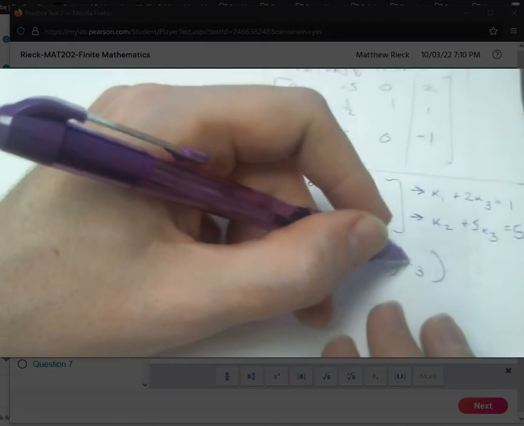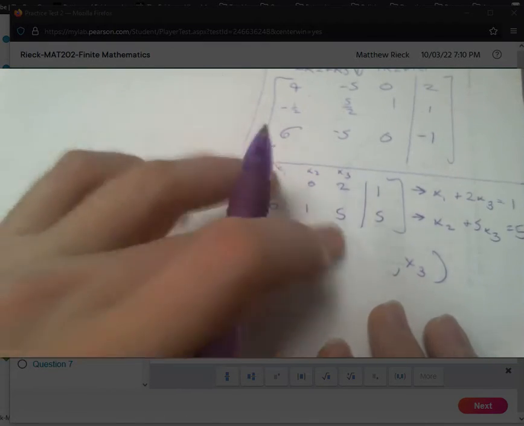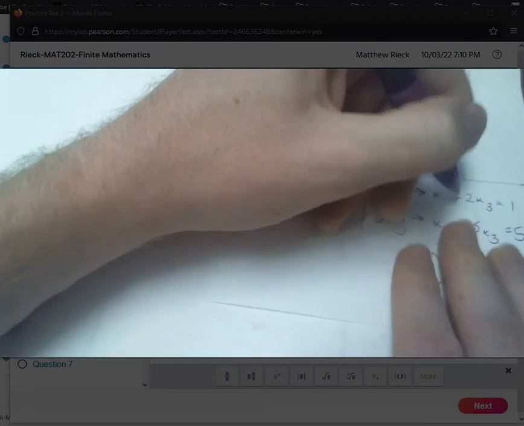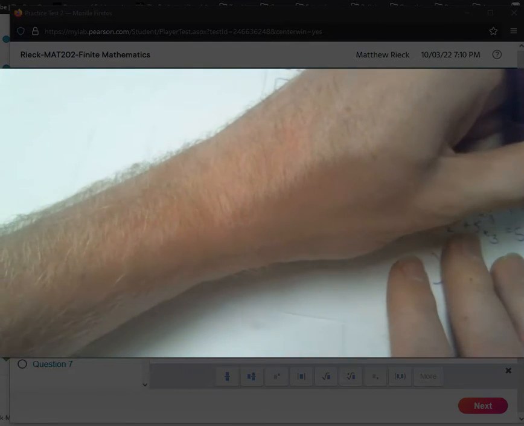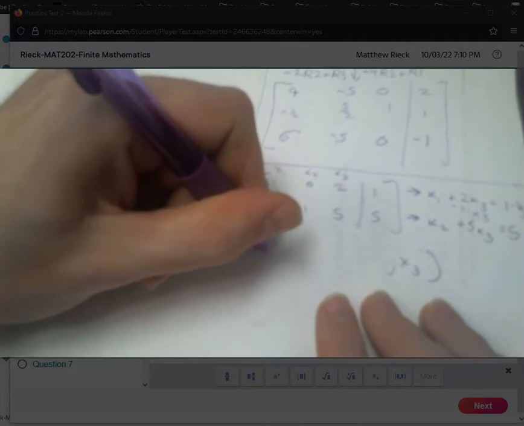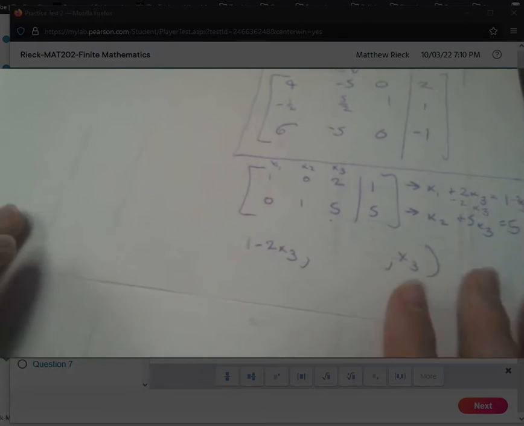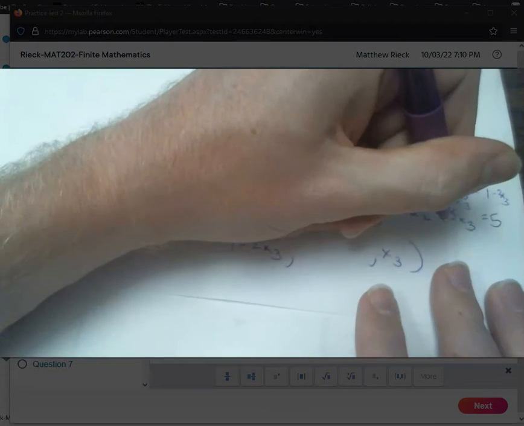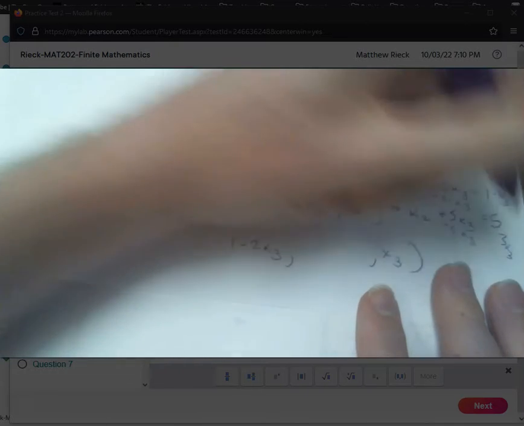And then we can use these values for x3 to find particular solutions for x1 and x2. So to solve for x1, you can subtract 2x3 from each side. So we have 1 minus 2x3 for x1 there. And then for x2, we can subtract the 5x3 from each side.